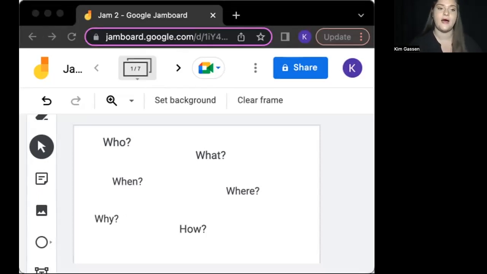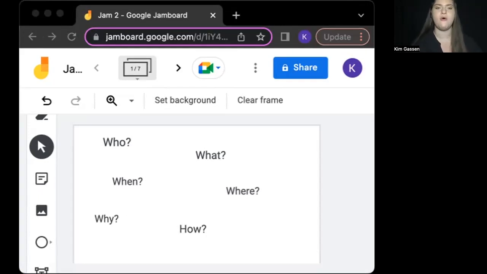And then you'll talk about when it was made or any significant things that happened with it. If it was moved, if it was destroyed, if it was rebuilt, anything like that. Talk about where. You can talk about where it was made, where it is now.